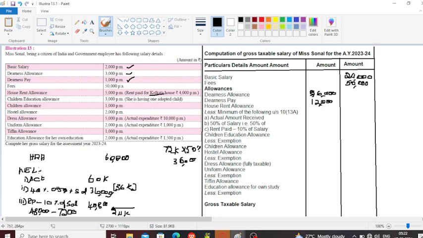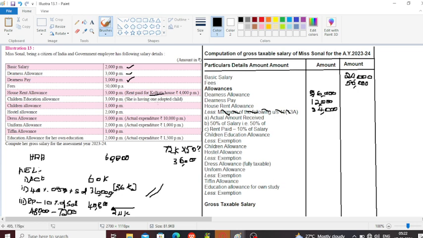Let me write here. So house rent allowance 24,000 will be taxable, and the next one is children education allowance. 3,000 per month is received by Miss Sonal.